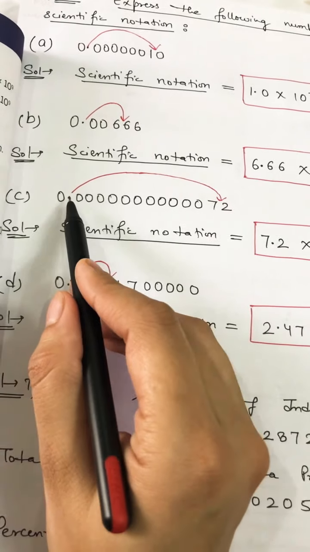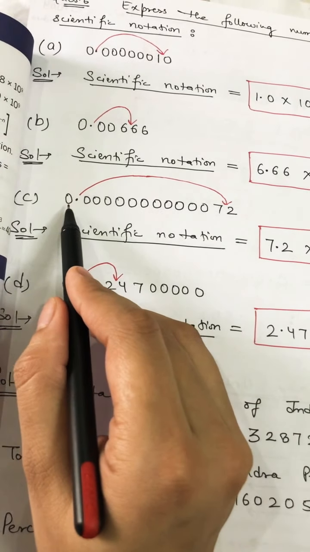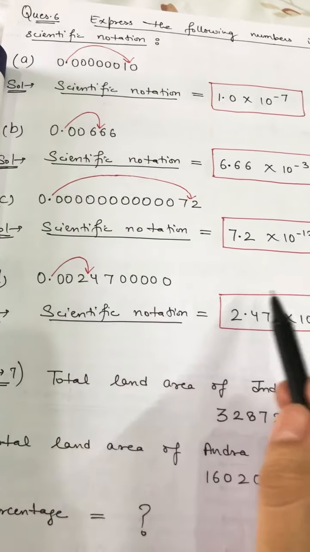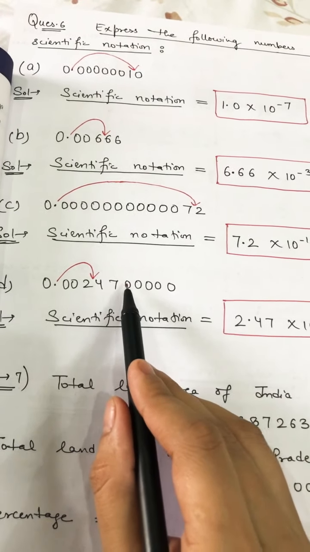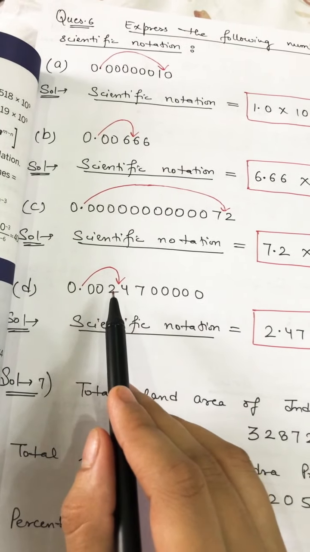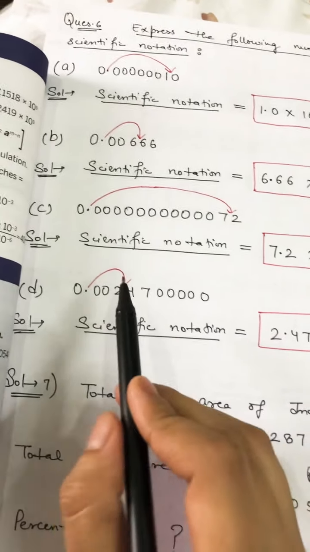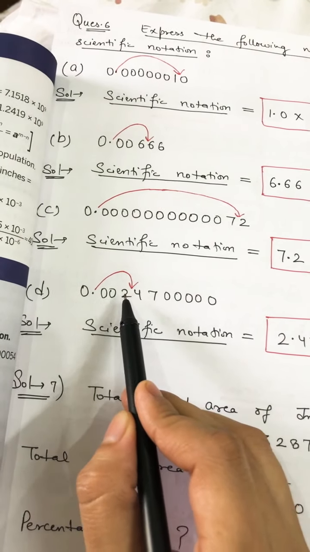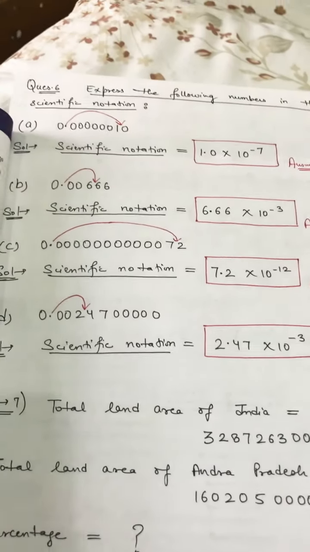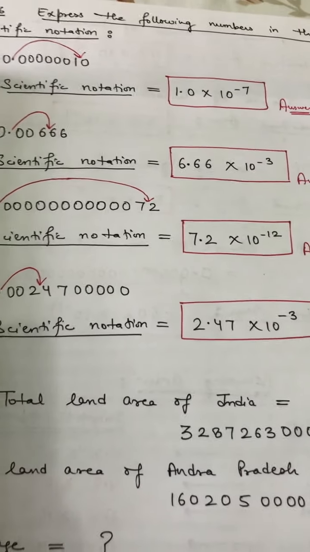Before the decimal there is a value of 0, but after the decimal there is no value of 0. So I am going to delete all these zeros from the answer. So it will be only 2.47. Now before the 4, how many numbers are left? 1 2 3. So multiply by 10 raised to power minus 3. So this is your question number 3.